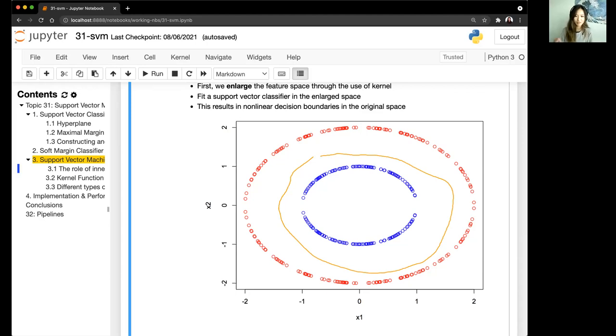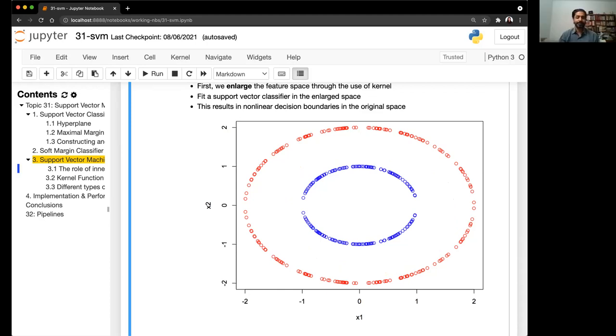SVMs, including basically non-linear kernels, and linear kernel is basically no kernel. So for non-linear kernels, SVMs take notoriously long to run because it's trying to figure out, all right, what are the best new dimensions to create such that I can linearly separate my data.